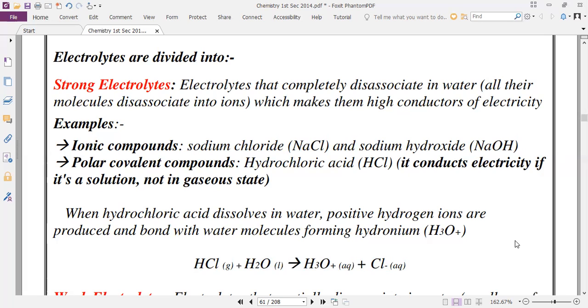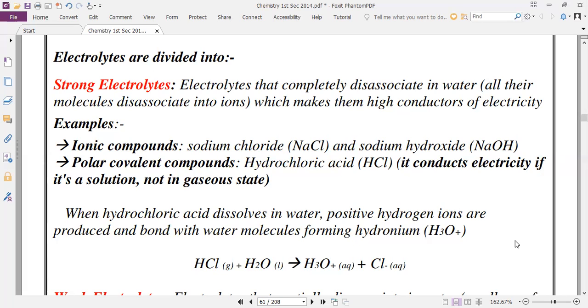Try to repeat it again, please. Strong electrolytes completely dissociate in water. All their molecules dissociate into ions, which makes them high conductors of electricity. Examples of ionic compounds: sodium chloride NaCl and sodium hydroxide NaOH.